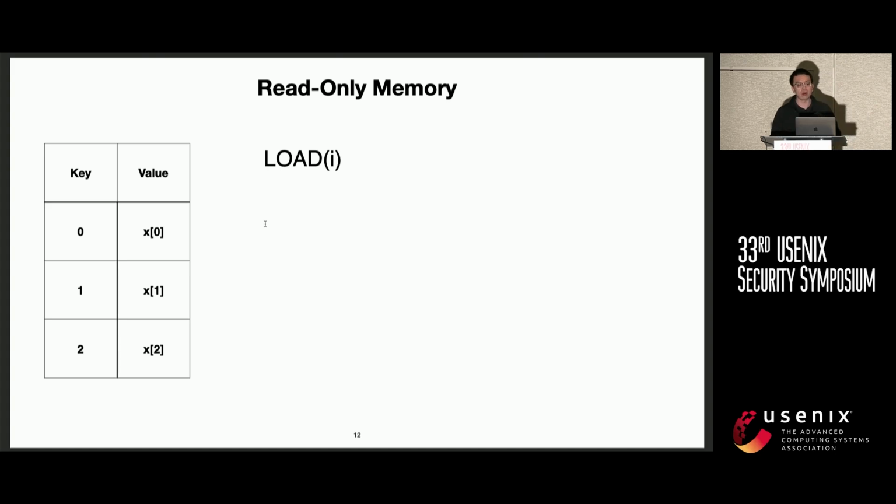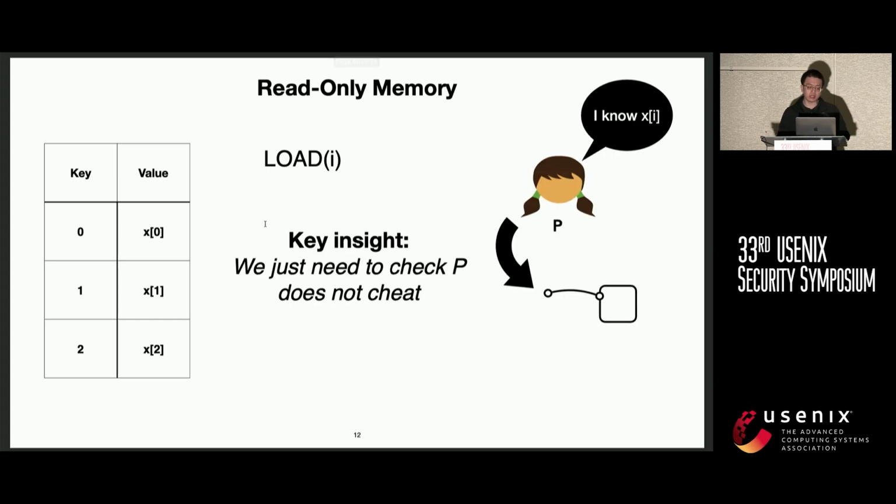I want to remark that our construction does not have these restrictions, but for simplicity and to understand our construction, this is already sufficient. The key insight here is that because the prover knows everything, there's no privacy for the prover. So if we want to load the index i, we can ask the prover to directly input xi. This should be good enough.